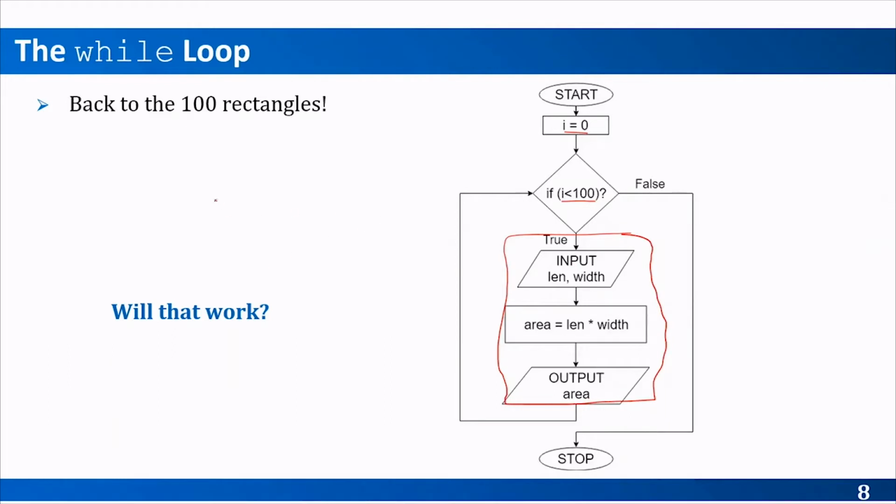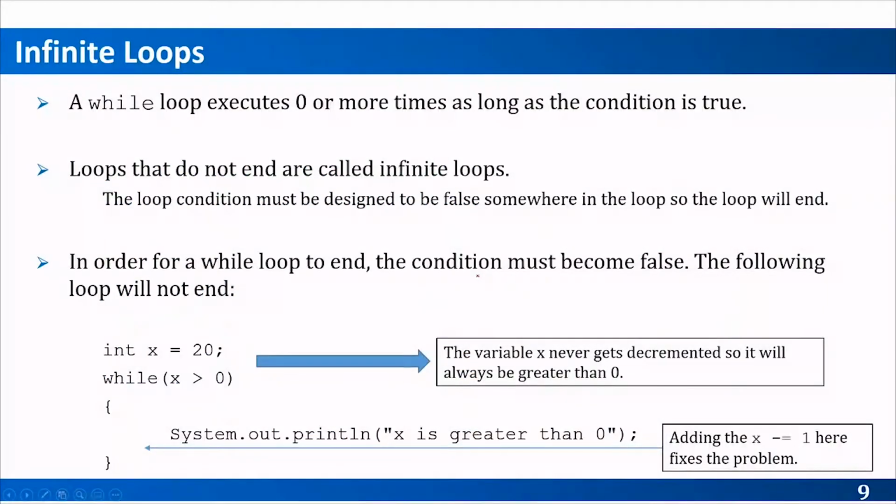So i is always equal to 0, and it's going to always be less than 100. So you will be repeating this infinitely. And this is what we call an infinite loop. So an infinite loop is a while loop that executes indefinitely, and that loop does not end, and that's why we call it an infinite loop.